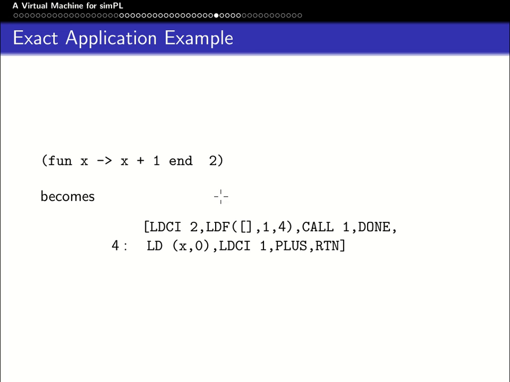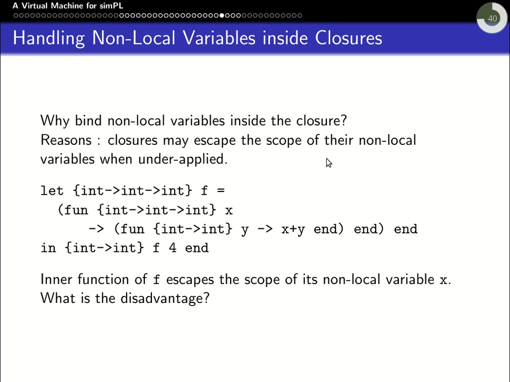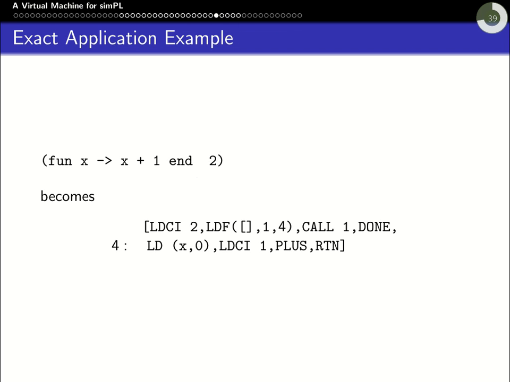So what's happening here? We have a function application to the argument 2. The arguments, this expression, as you remember, is evaluated in reverse order. This is first, this is second.